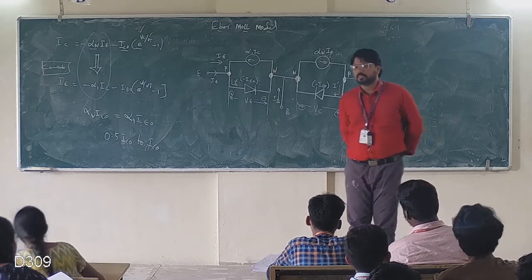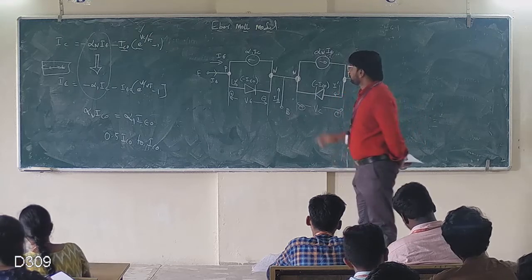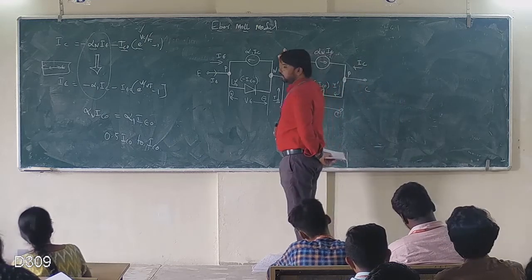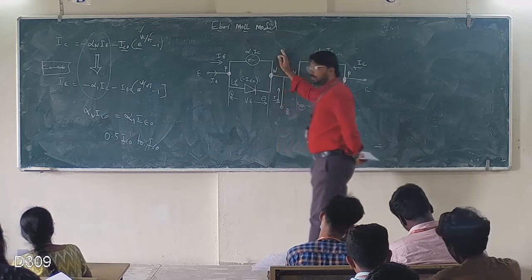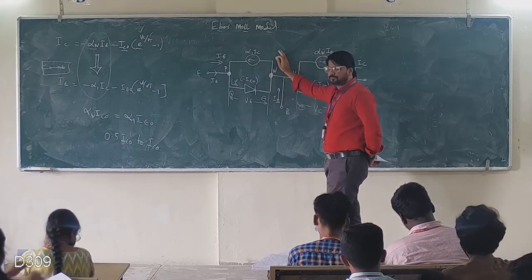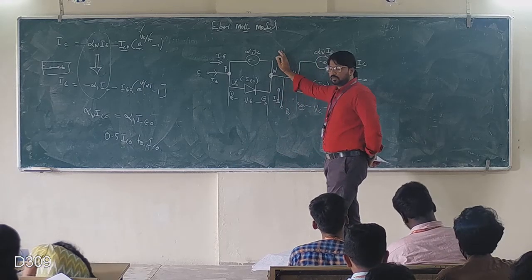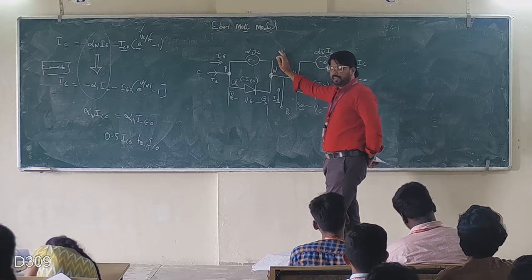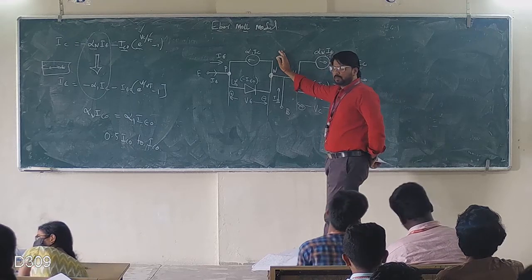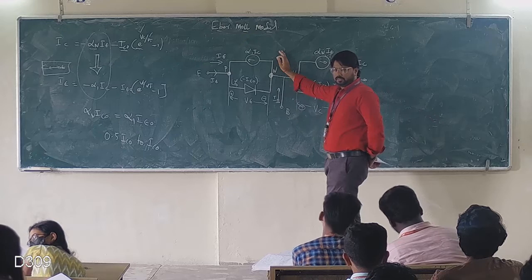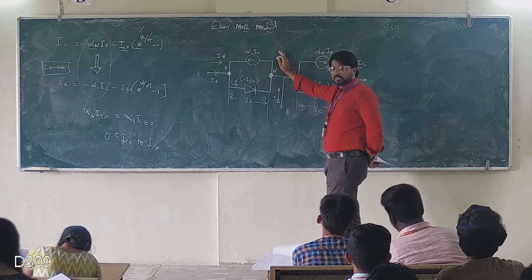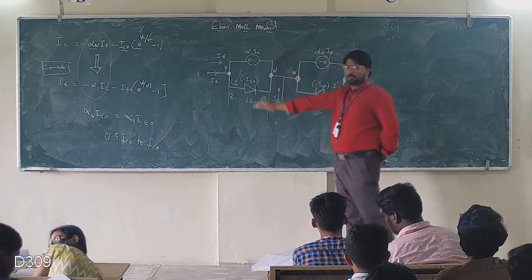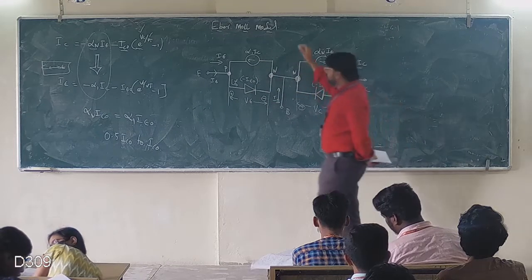My dear students, listen. What is this? It is an Ebers model for validation of forward and reverse bias of any transistor. This is a simple Ebers model. The transistor looks like this, right?